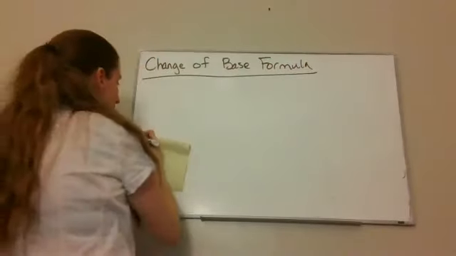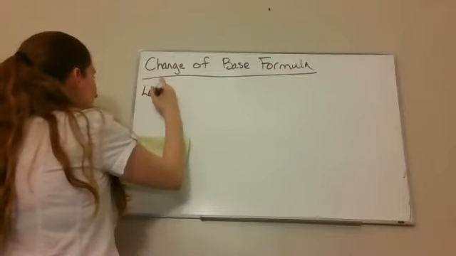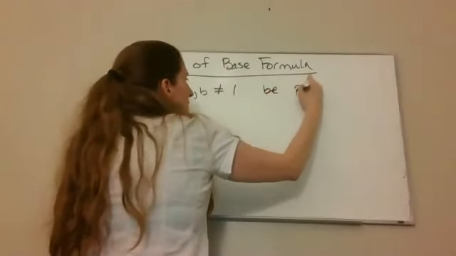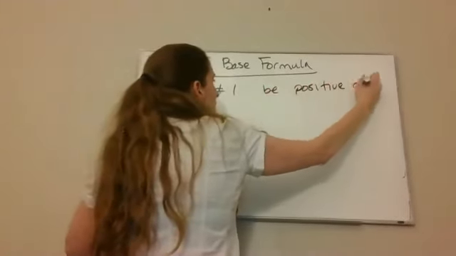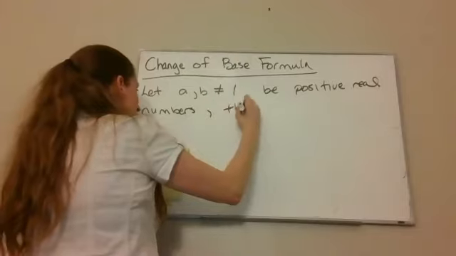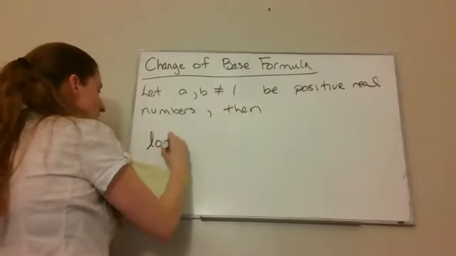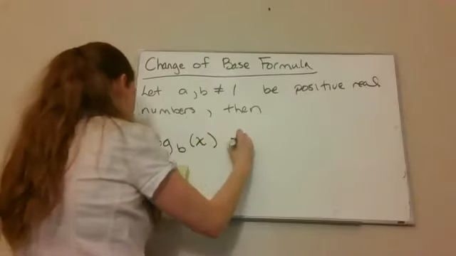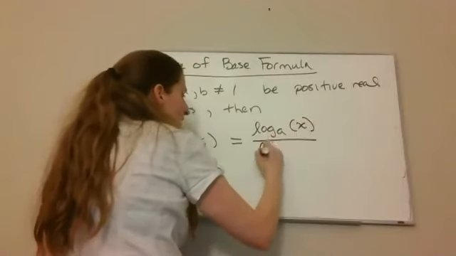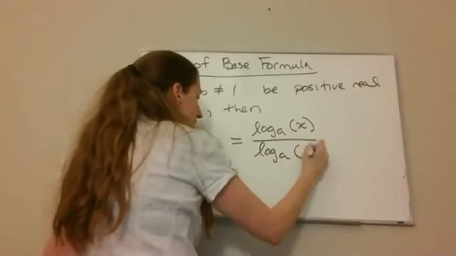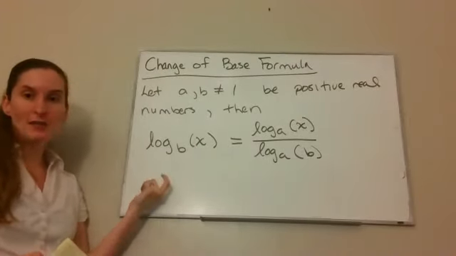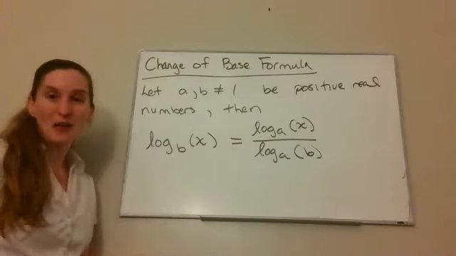So the change of base formula says that if we let a and b not equal to 1 be positive real numbers, then log base b of x is equal to log base a of x divided by log base a of b.